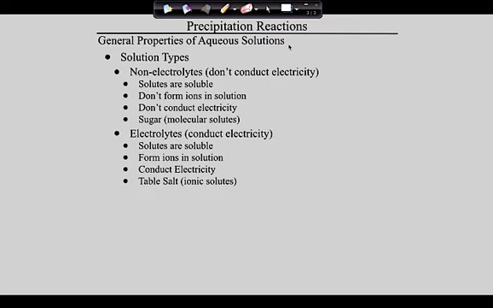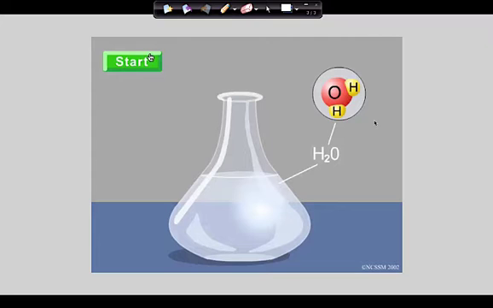This is obviously an animation and not a simulation. We'll talk at great length about the difference. Animations are cartoons. Simulations are actually computer representations of how things really happen. This is an animation. Okay, so here we have a water molecule. Hopefully you remember that water molecules are bent.